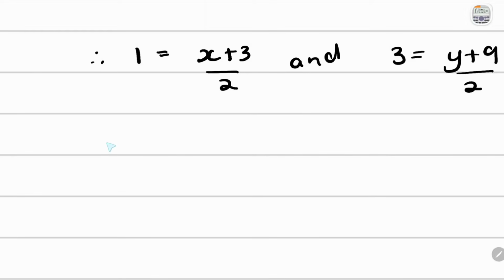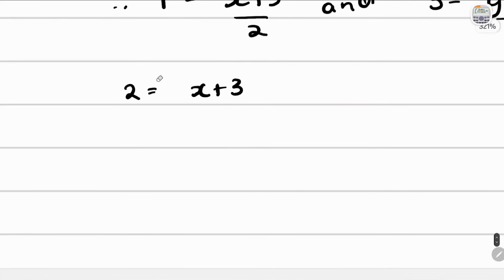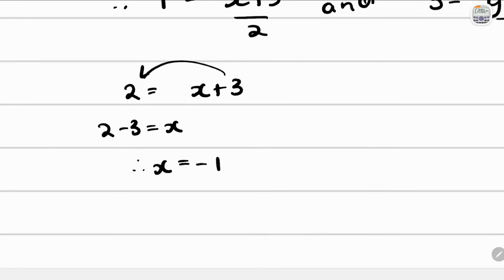If you do that, you're going to get 2 is equal to, but on this side, the 2 will cancel. Now we're left with x plus 3. Then take your 3 over, so that's 2 minus 3 is equal to x. Therefore, x is equal to negative 1.